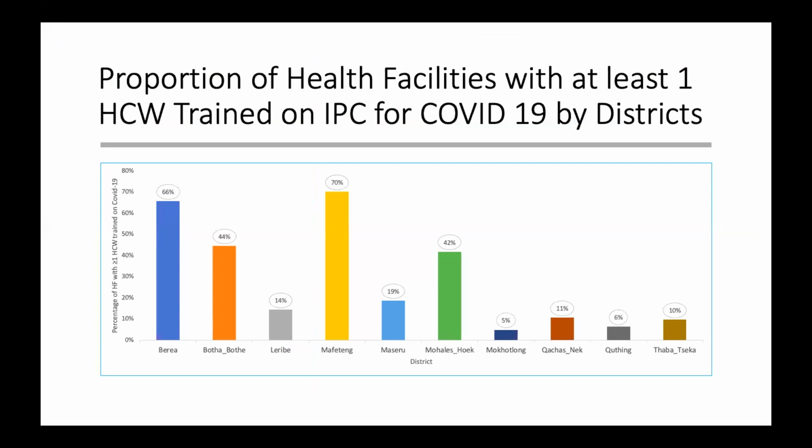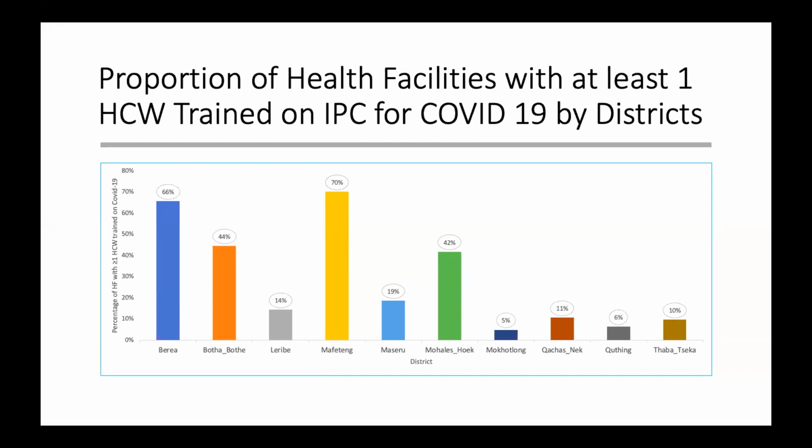In terms of the proportion of health facilities with at least one healthcare worker trained on IPC, these are the percentages. The districts of Berea and Mafeteng have the most facilities trained, because these are the 2 districts where our 2 isolation facilities are based.